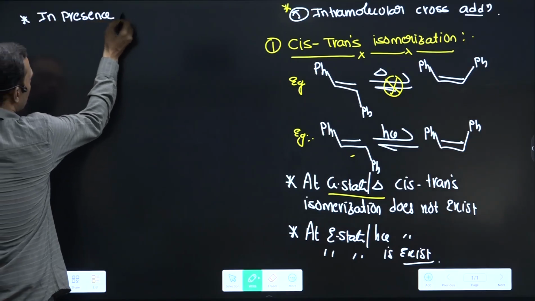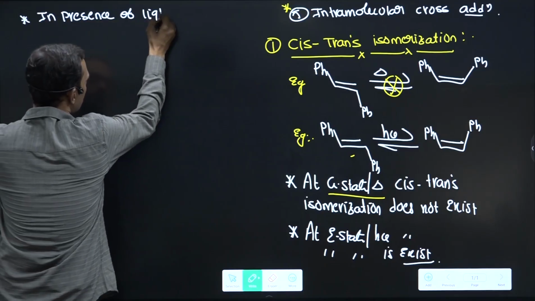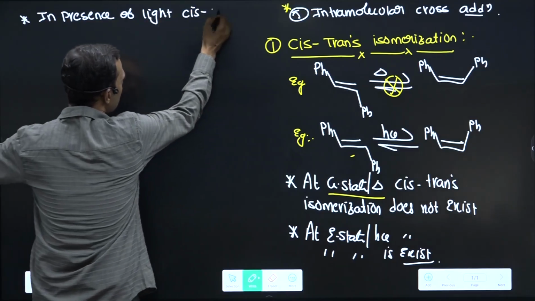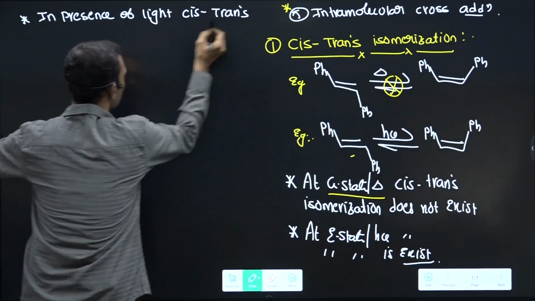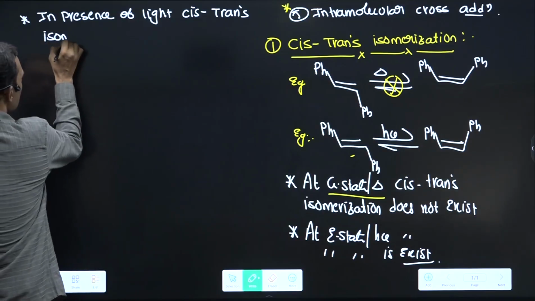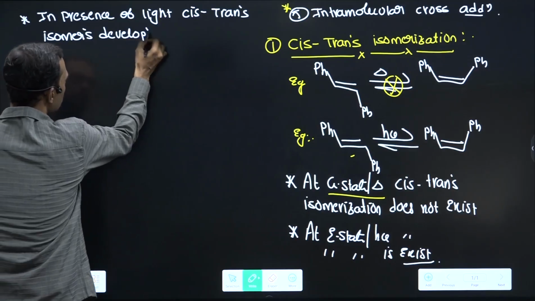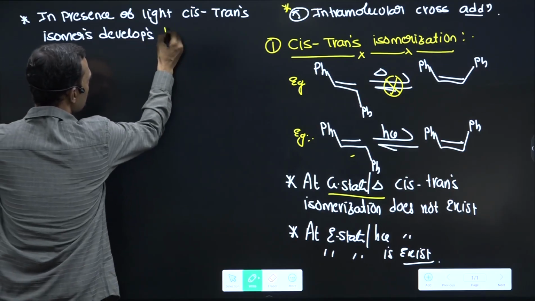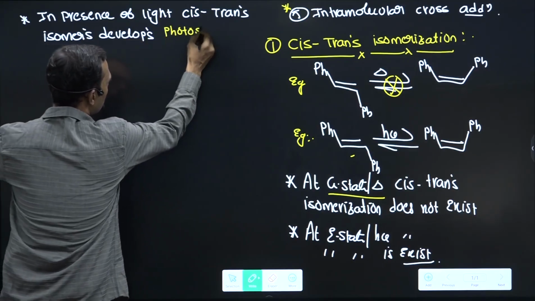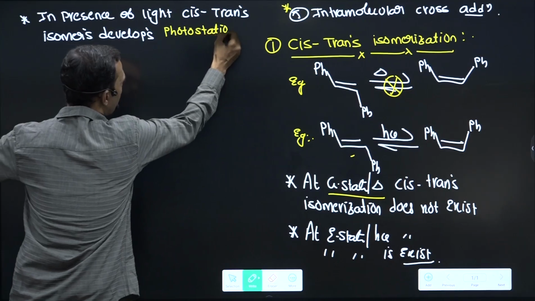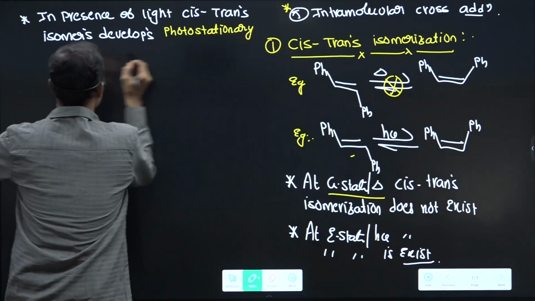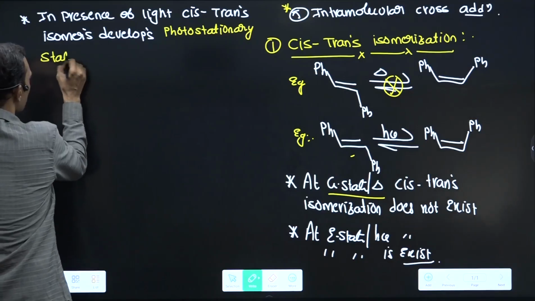So, in presence of light, if I take any cis-trans isomers, in presence of light, cis-trans isomers develop, what do they develop? Photostationary state. You remember this point, it is important.